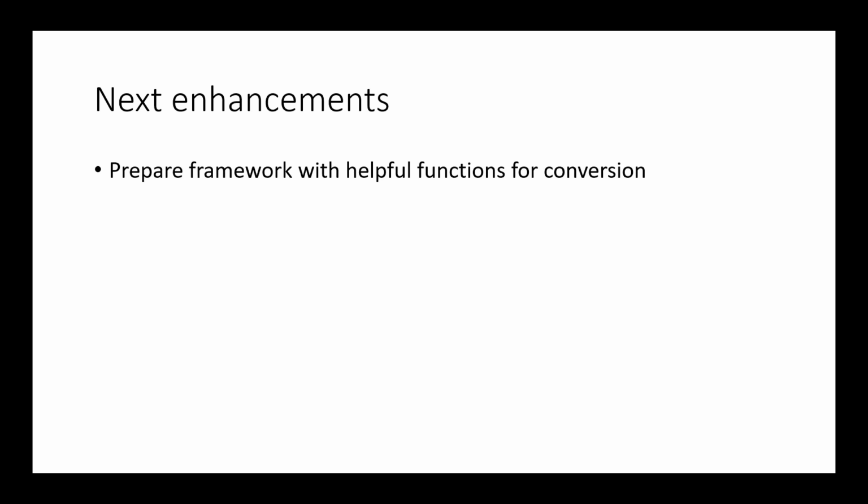So this might be useful. This is for us to consider for the future, because I have already listed several functions which can be useful for all customers which are going to do this conversion. So that's all. Do you have any questions?